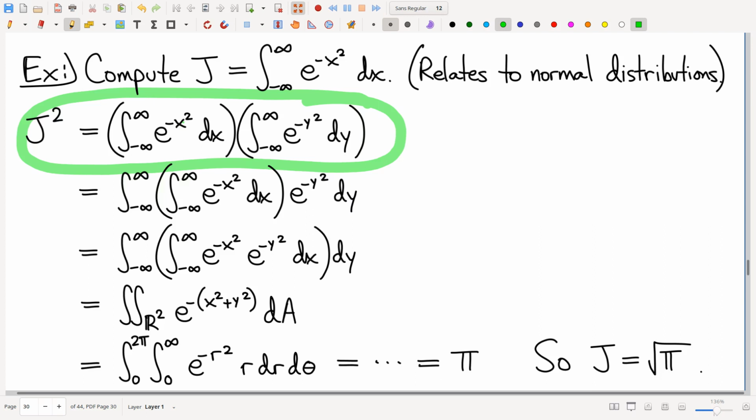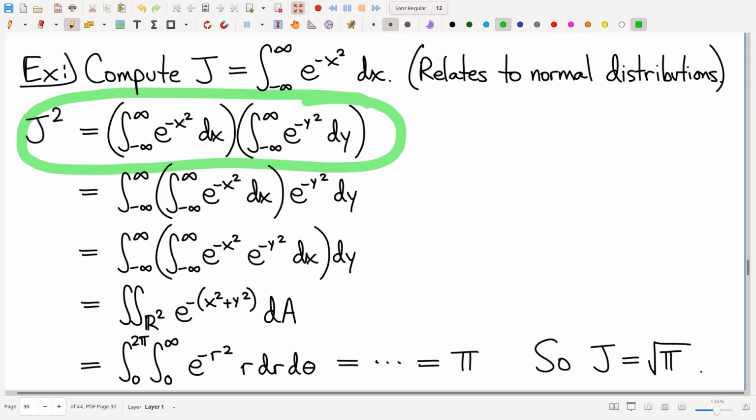One of them looks like a J. This one looks a little different. I've got a different dummy variable in there. But I claim the dummy variable doesn't matter. Whatever you do with the Y is going to just, as we say, integrate out. And whether I call it X or Y or P or Q or Bob, it doesn't matter. It's just a dummy variable.